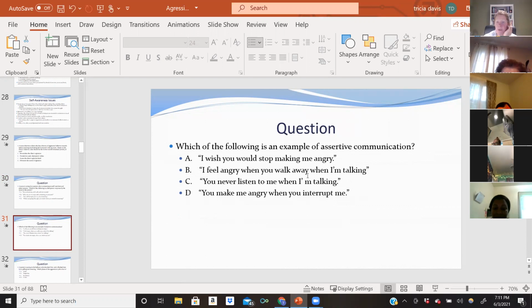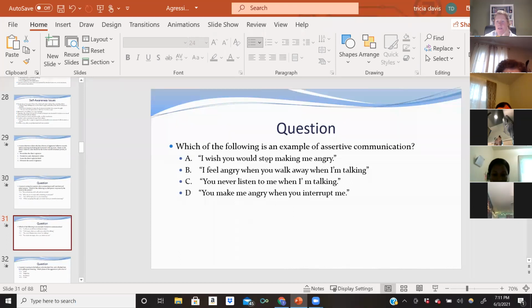I feel angry when you walk away when I'm talking. The first one is an I statement, but it's not really saying anything. I wish you would stop making me angry. Well, that doesn't really say what's causing the problem, right? You want to communicate what's causing the problem in a firm manner using those I statements.